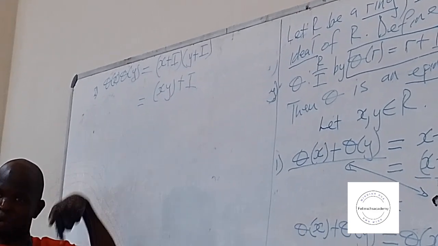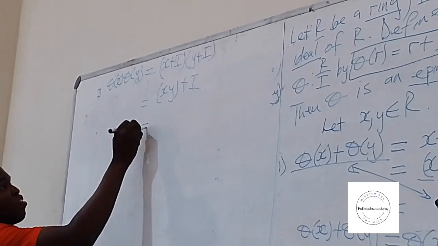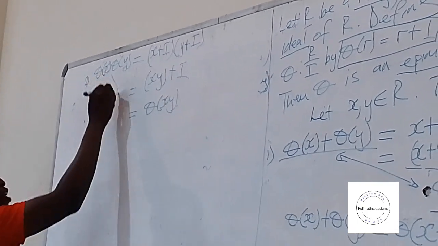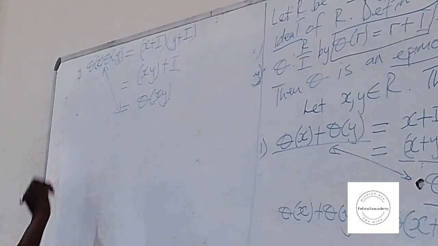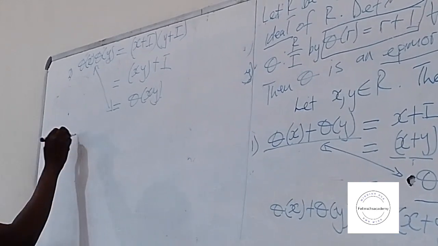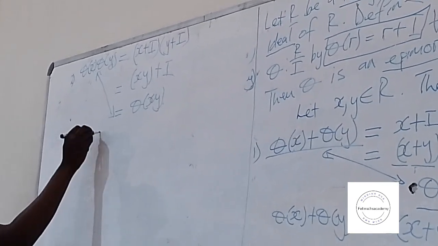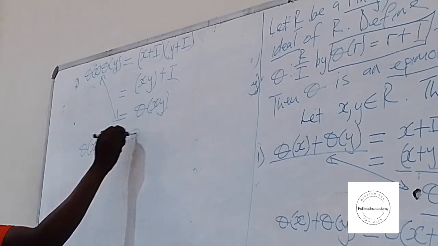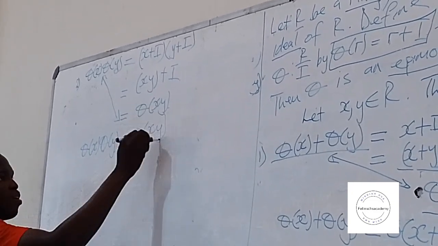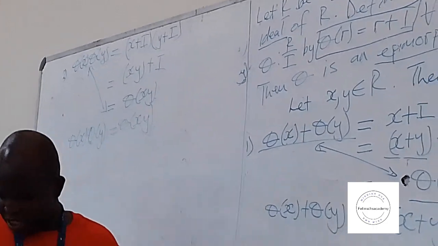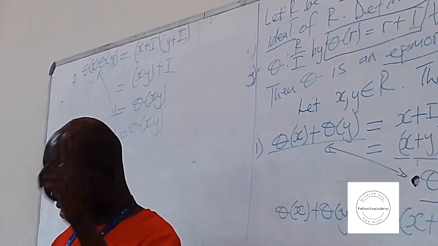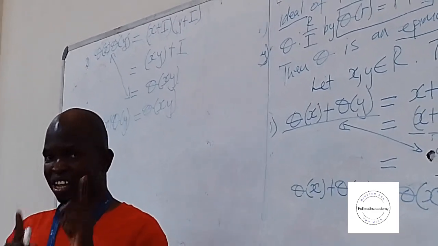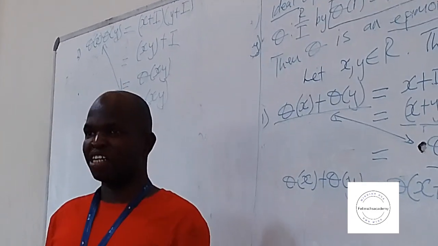So this is equal to theta of xy. And if we link this, that homomorphism, theta x theta y equals theta of xy. Therefore, theta is a surjective homomorphism and hence an epimorphism.